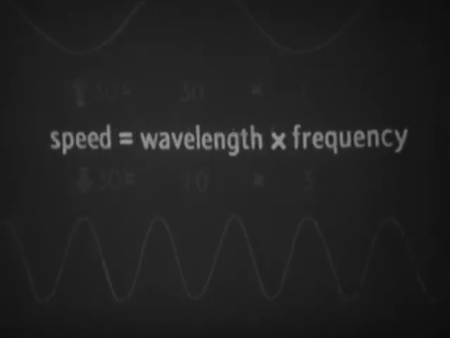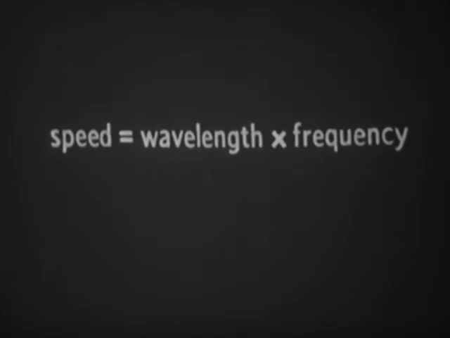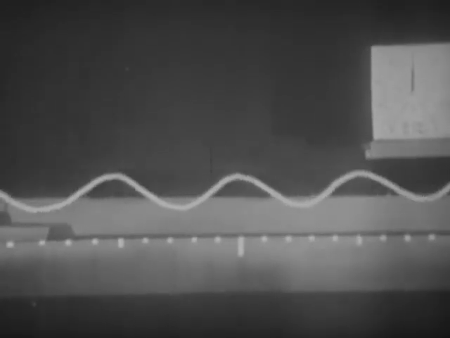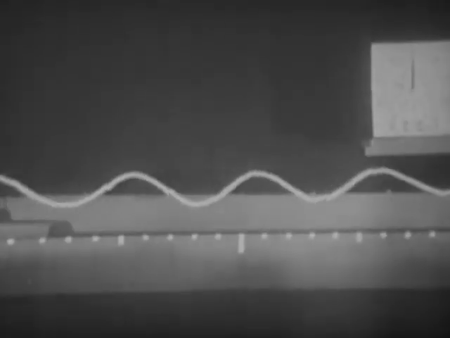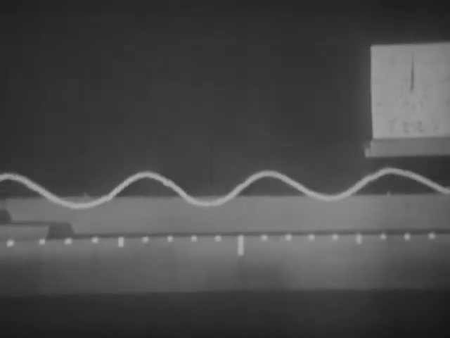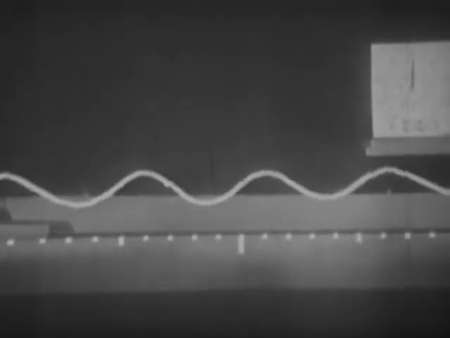We tried to confirm this result on an actual moving wave on our machine. And to do so, we used this slow motion film. In a moment, you're going to see in this film the machine start from rest, and after 1 second, we're going to freeze the film and look at the picture we've got.